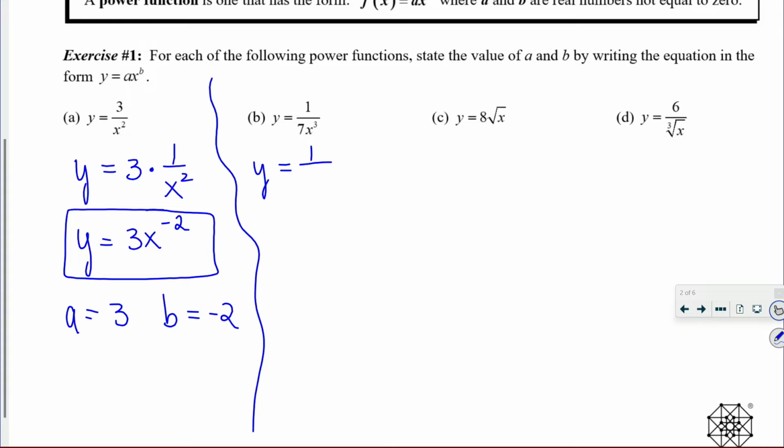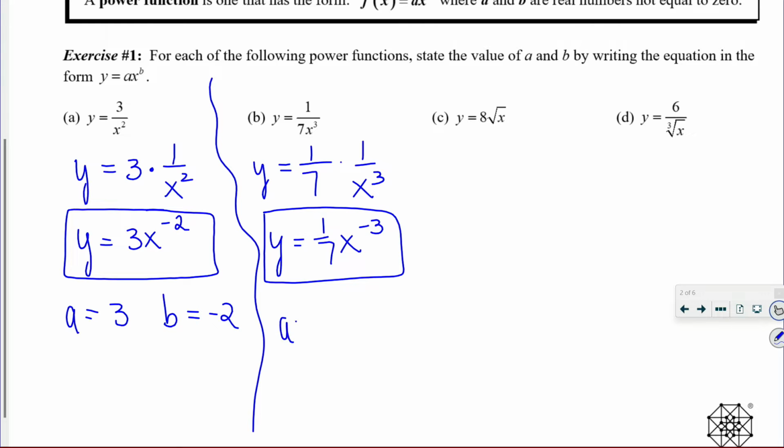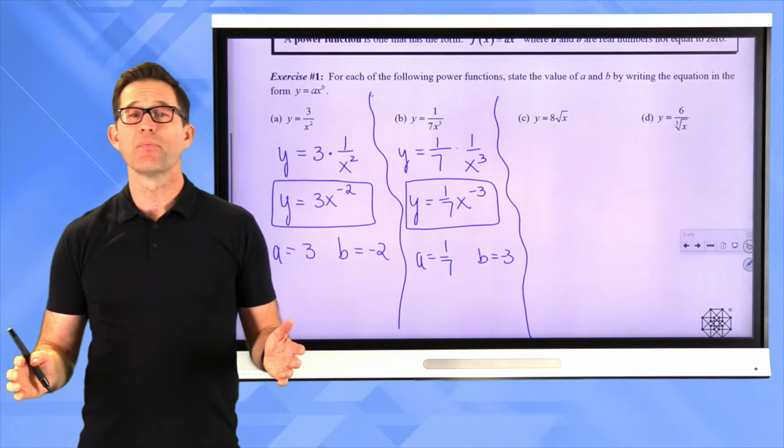I could rewrite this as 1/7 times 1 over x cubed. And then I could write that as 1/7 times x to the minus 3. That would be its power function form, where the coefficient is equal to 1/7 and where the exponent is equal to negative 3. All right, so simple enough.